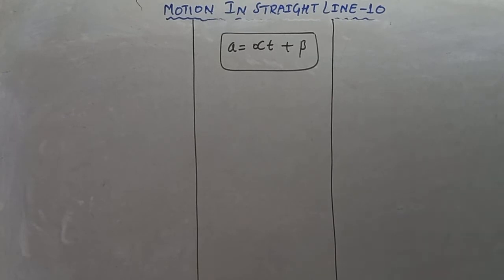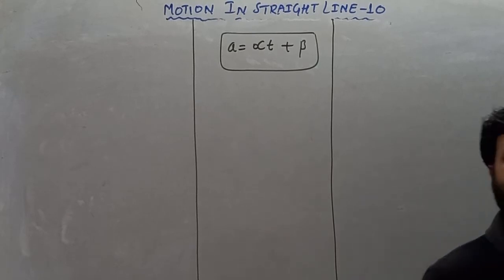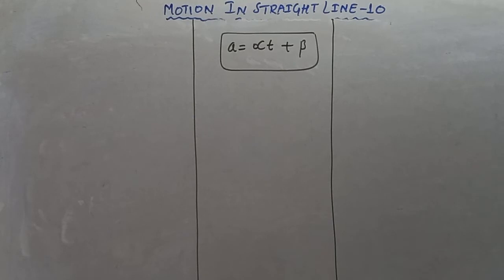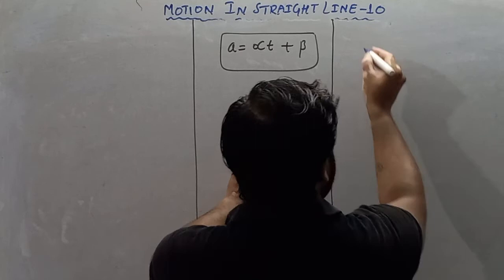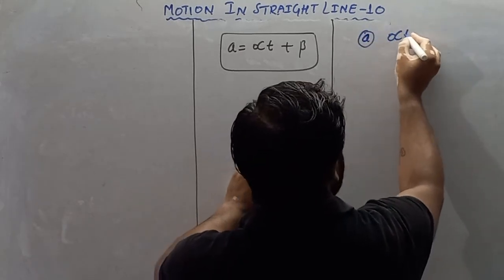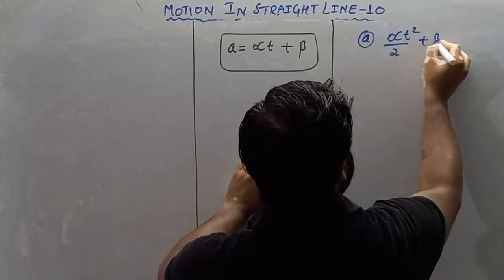the velocity of the particle after t will be: option A, alpha t square by 2 plus beta.